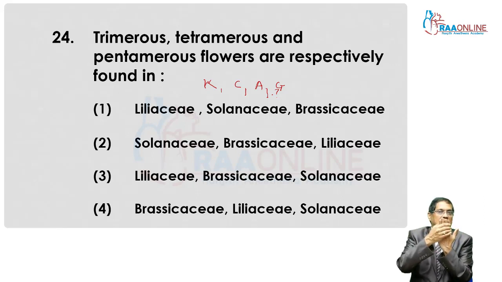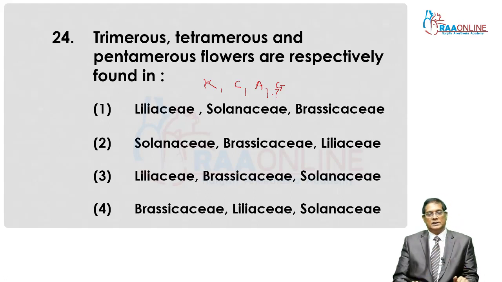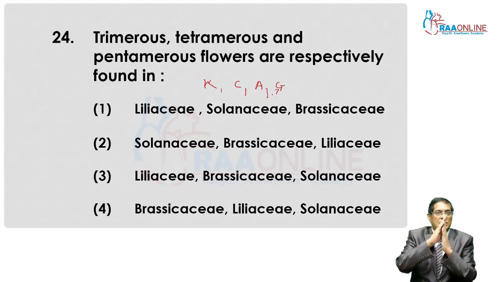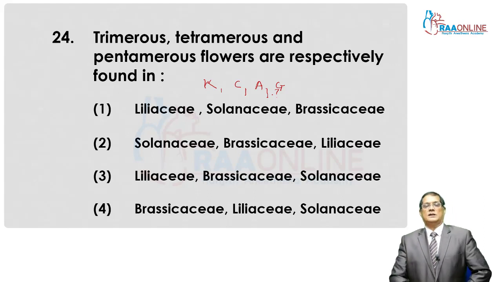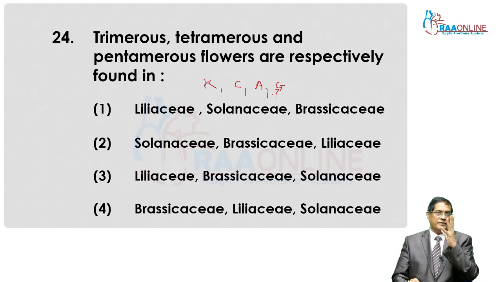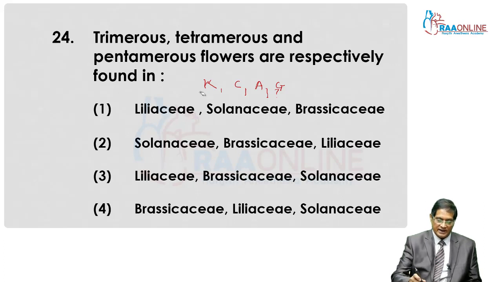If they are 3 or a multiple of 3, the flower is trimerous. If they are 4 or a multiple of 4, it is a tetramerous flower. If they are 5 or a multiple of 5, it is a pentamerous flower. Let's see one example.